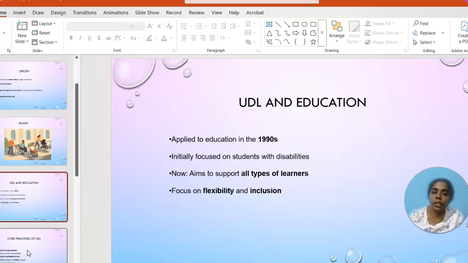And similarly, like universal design, first the focus was on students with disabilities. But today, we focus on supporting all types of learners, and on making education flexible and moving towards inclusion.